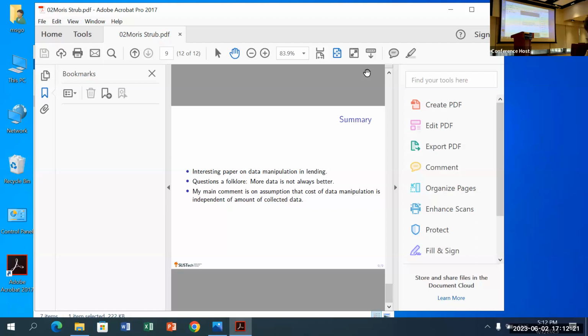Then we can incorporate the possibility that, as you mentioned, when more data is included, it's hard to game. And second, data manipulation itself is a signal of the underlying type of the borrowers, and big data can detect such manipulation. Yes, I think there's definitely such a possibility.